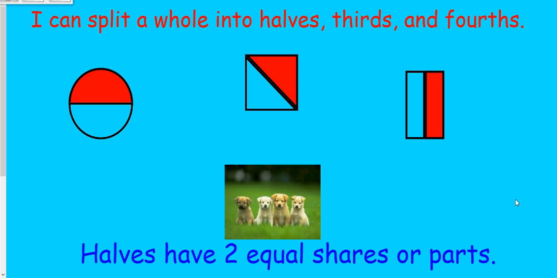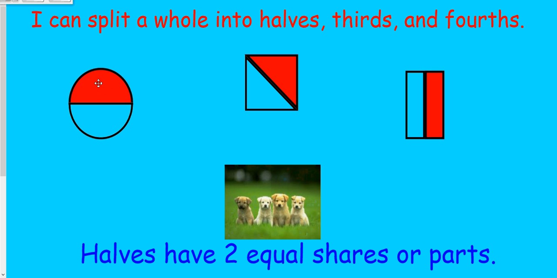When we split a whole into halves, thirds, or fourths, we know that the parts or the shares need to be equal. Halves have 2 equal shares or parts. So when you have an object and you split it into 2 parts, each of your parts must be the same size.